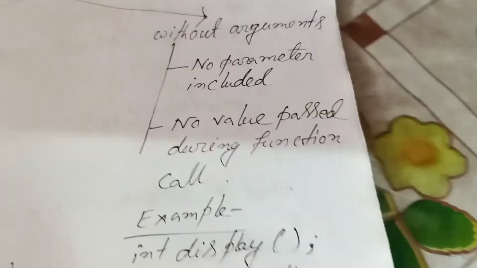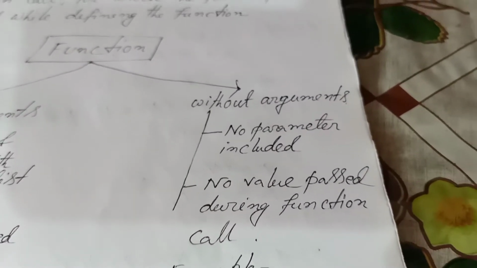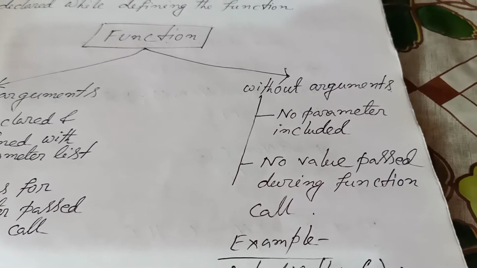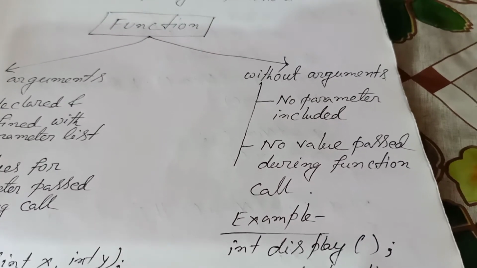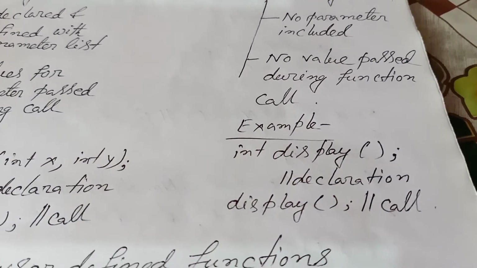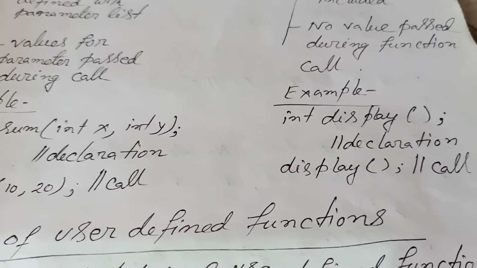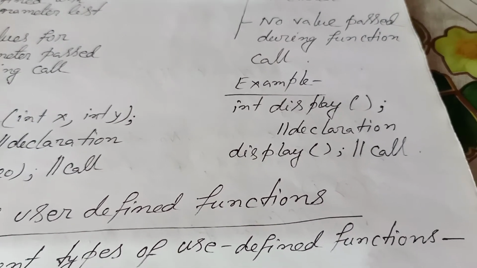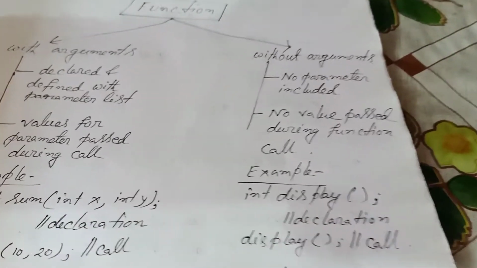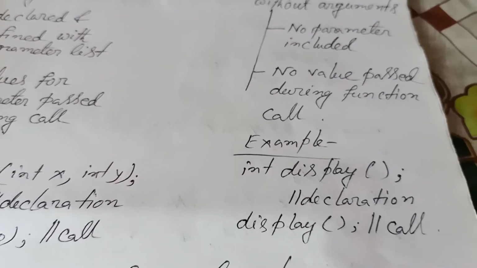Another part is without arguments, where no parameter is included, so no value is passed during the function call. For example, int display is the declaration with no arguments, and display will be called.